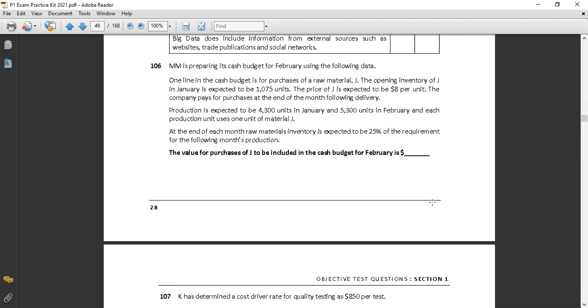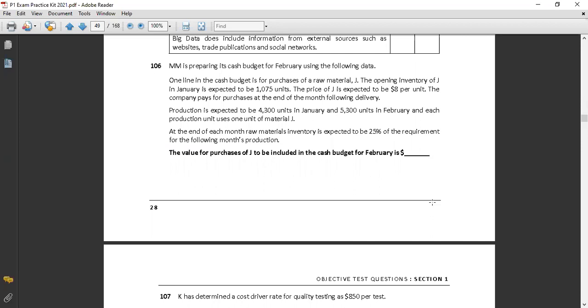The question says, is preparing its cash budget for February using the following data. One line in the cash budget is for purchase of raw materials, raw material J. The opening inventory of J in January is expected to be 1075 units. The price of J is expected to be $8 per unit.